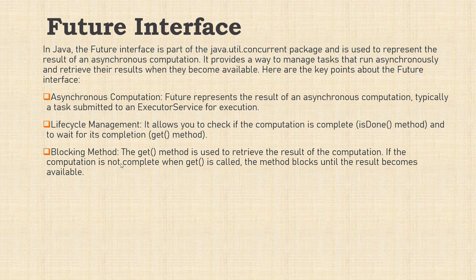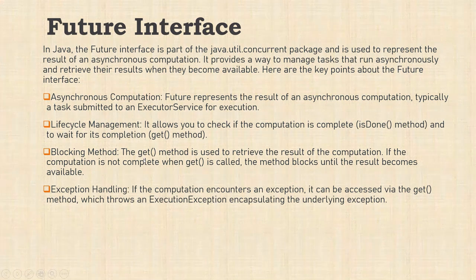Because of this disadvantage, CompletableFuture was introduced. Exception handling: if the computation encounters an exception, it can be accessed via the get method, which throws an ExecutionException encapsulating the underlying exception.